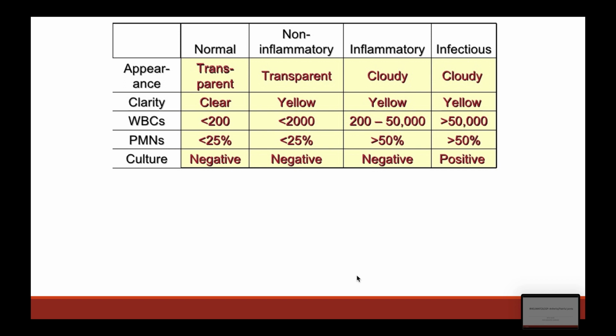For pure inflammation, the white cell count will be less than 50,000. For infection, you would expect to see more than 50,000. The main differentiator between purely inflammatory and infection is that it's culture positive in infection or septic joint.